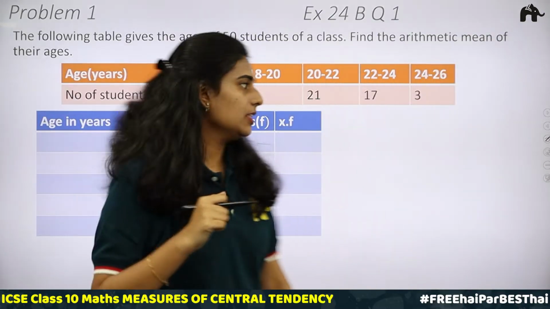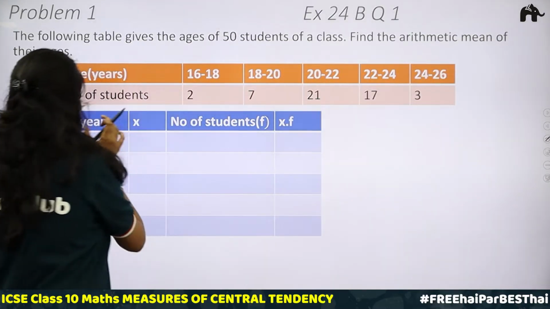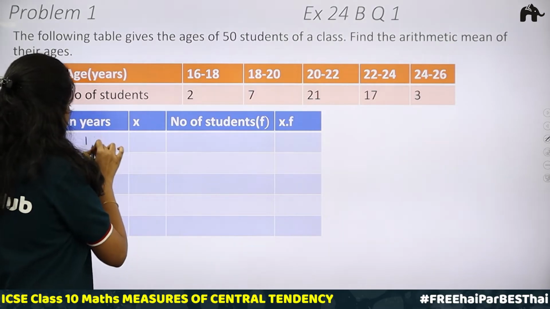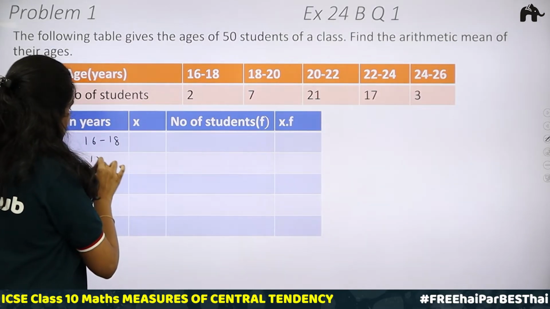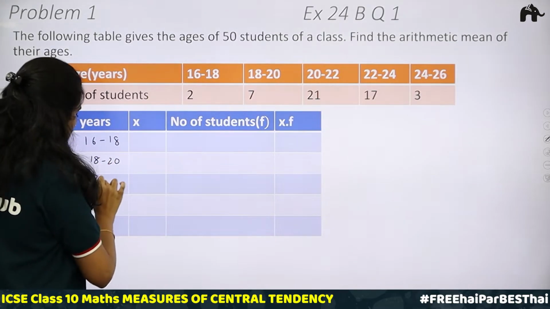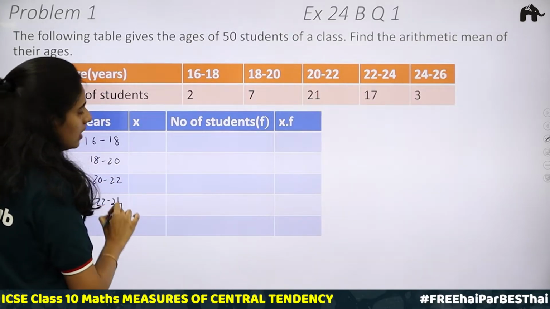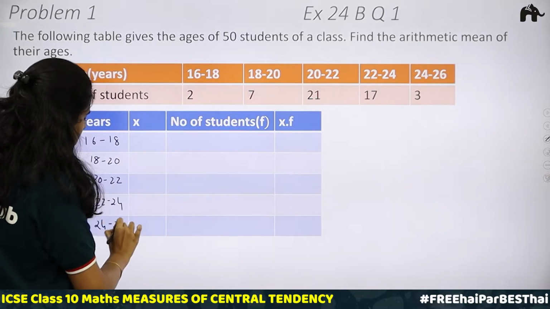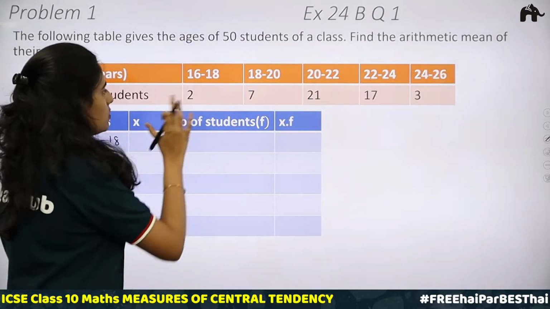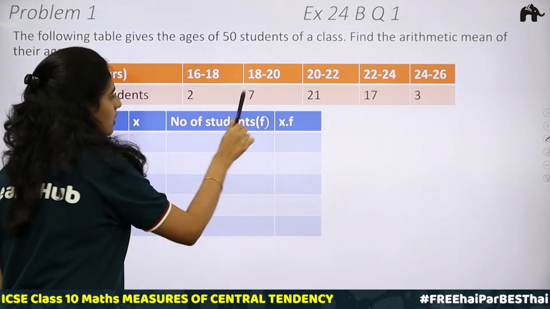Let's construct the table. First, age in years: we have 16 to 18, 18 to 20, 20 to 22, 22 to 24, then 24 to 26. Number of students is given; the number of students is the frequency.